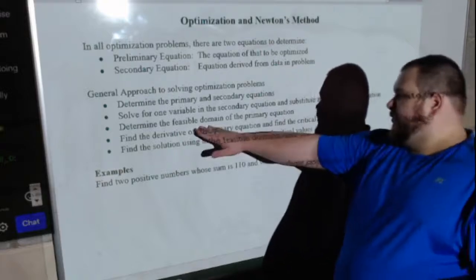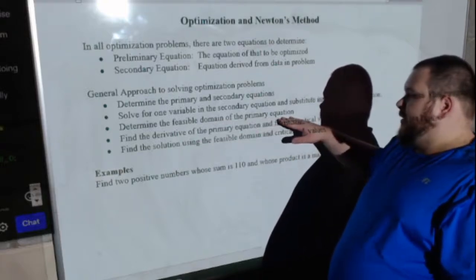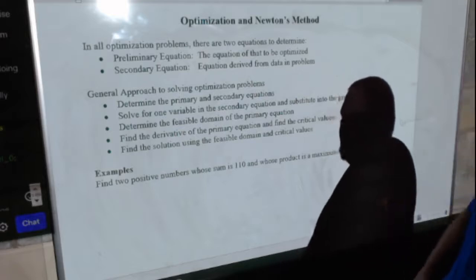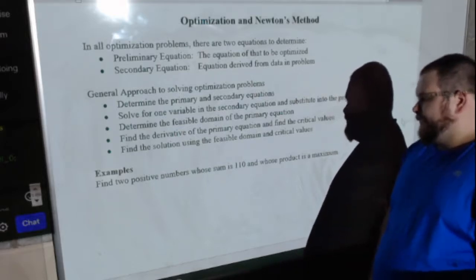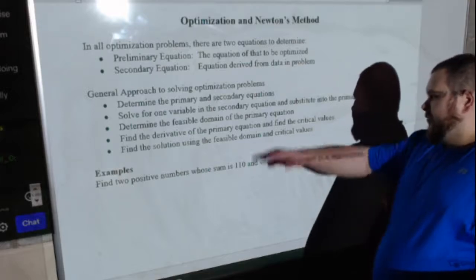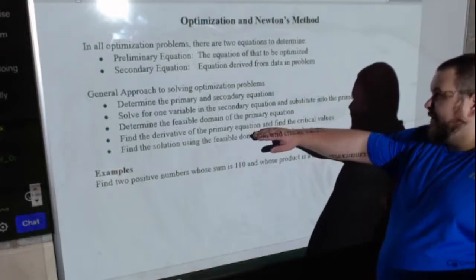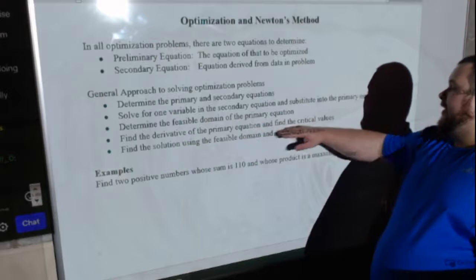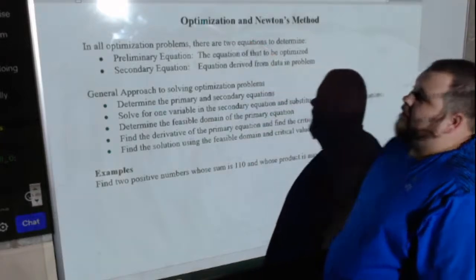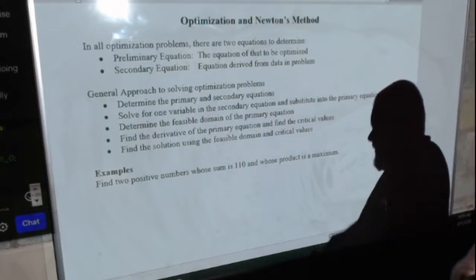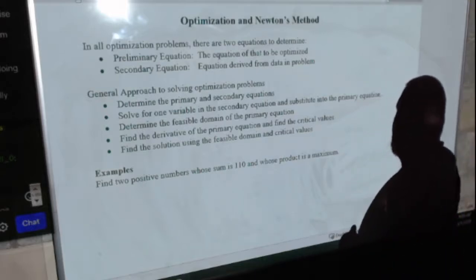Determine the feasible domain on the primary equation. That's one thing I often forget to do, so if I do, remind me. Find the derivative of the primary equation and find the critical values. Right, so we're trying to optimize, which really means to maximize or minimize something.